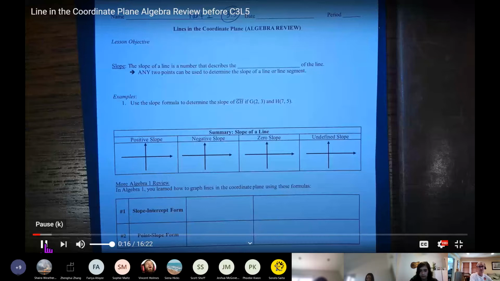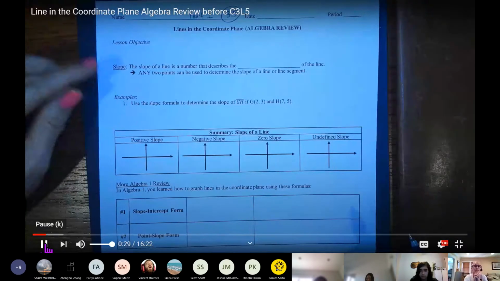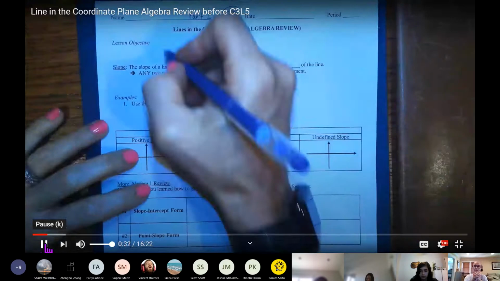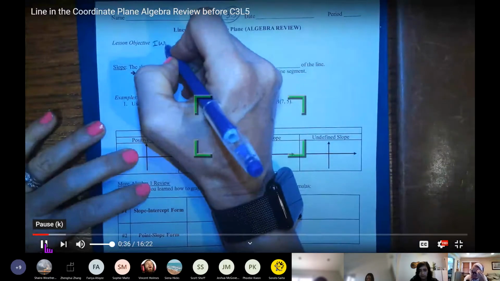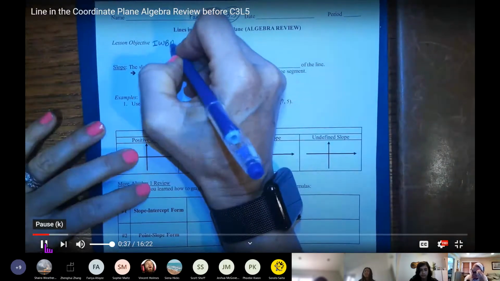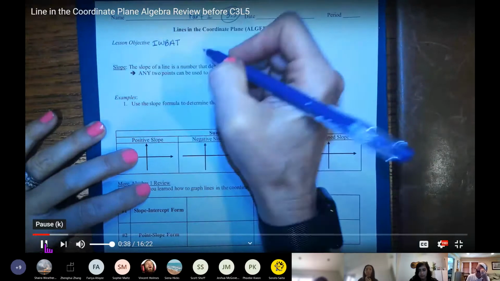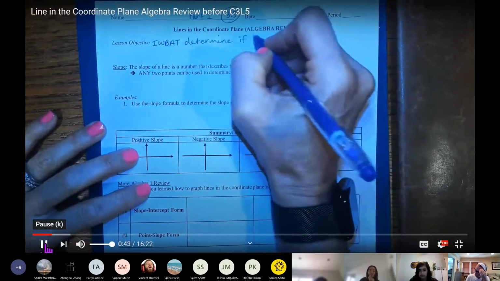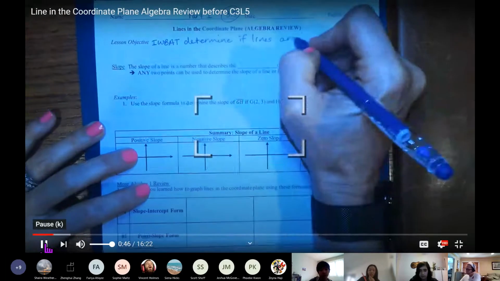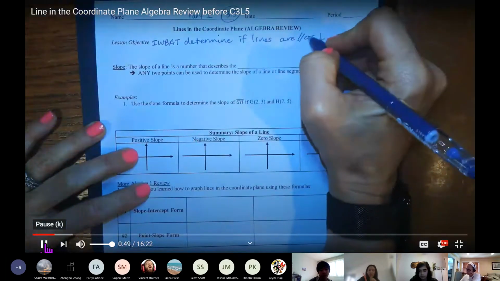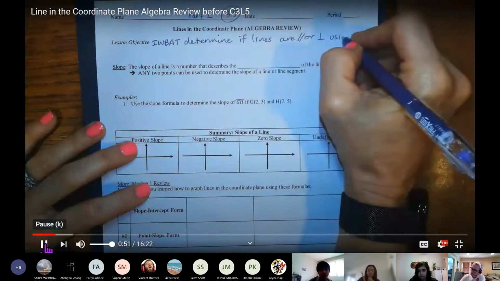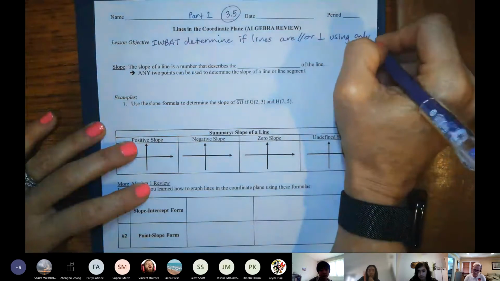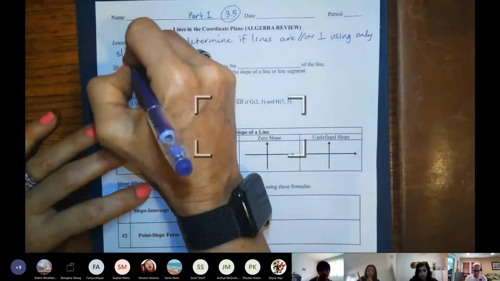Okay, so I'm going to start here with our objectives. We're going to talk about lines in the coordinate plane, obviously. And I will be able to determine if lines are parallel or perpendicular using only slopes.